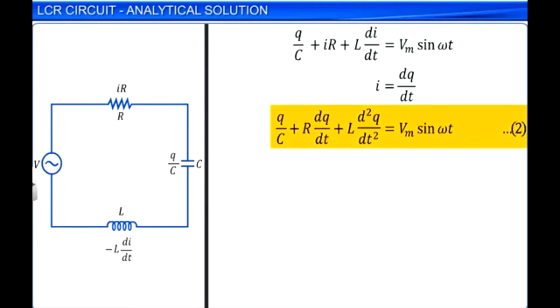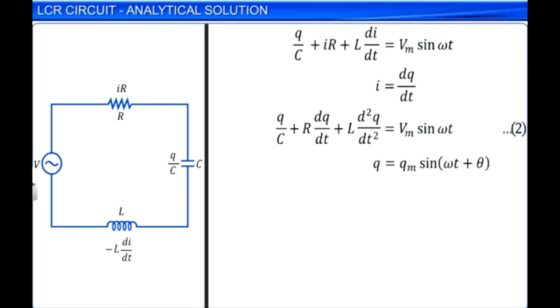As the three circuit elements, the resistor, the capacitor, and the inductor, are in series, the current through them is the same in amplitude as well as in phase. Let us now assume a solution for equation 2 as q equal to Qm sin(ωt + θ), where Qm and θ are constants.